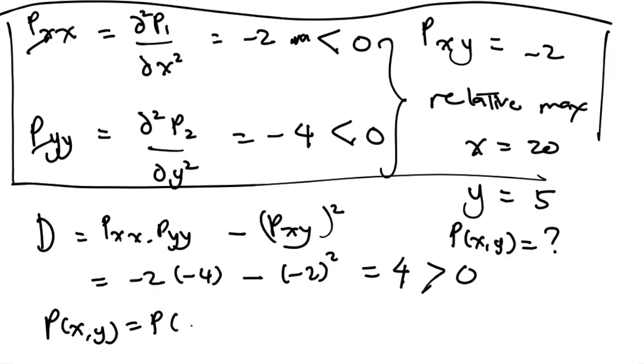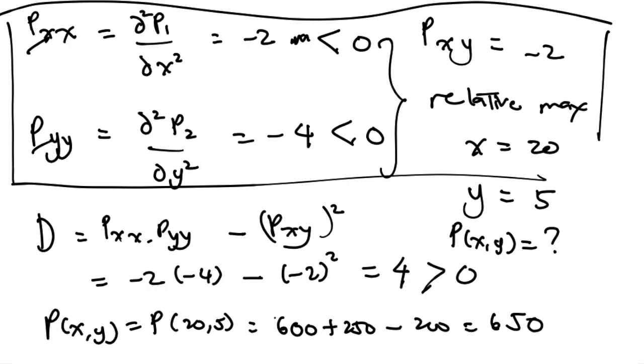So it's actually P of 20, 5, isn't it? Equivalent to 600. Plus 250 minus 200, equivalent to 650.